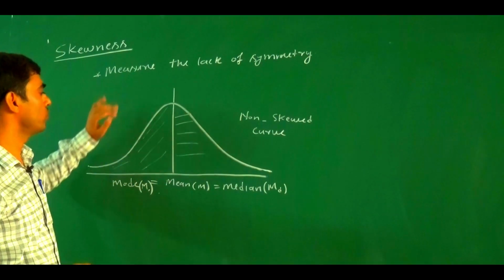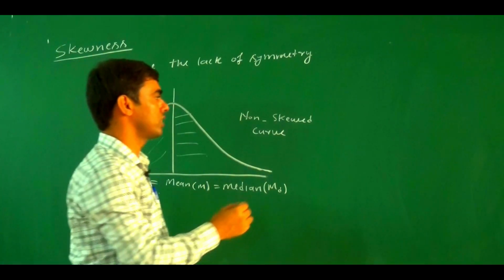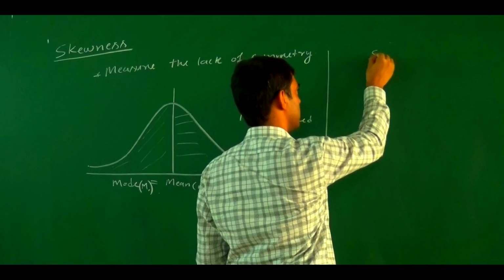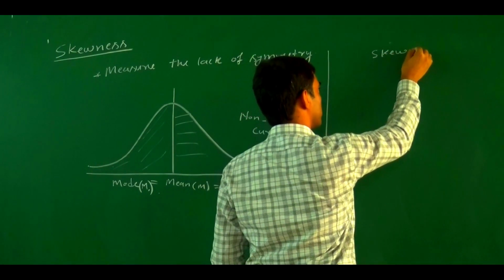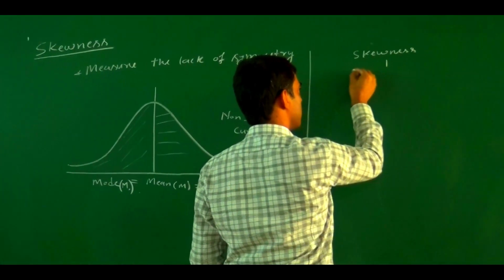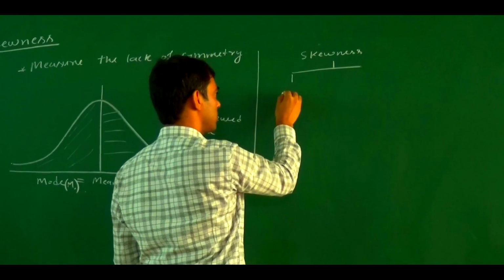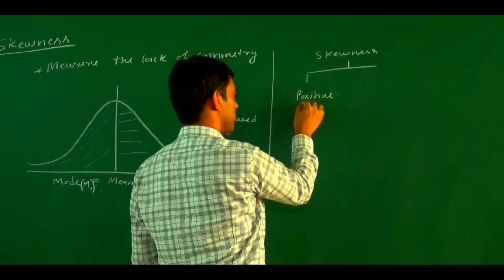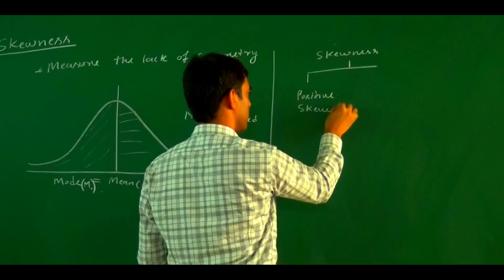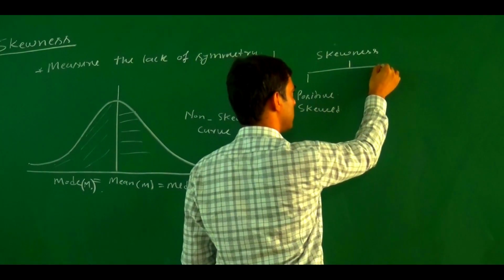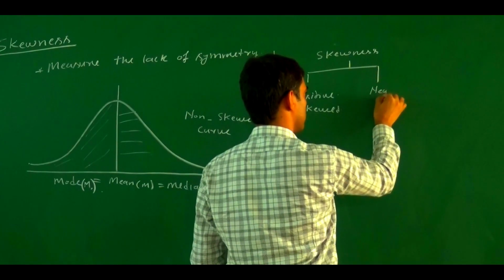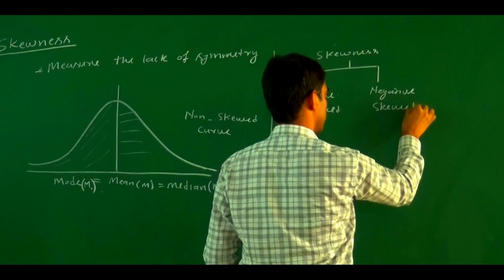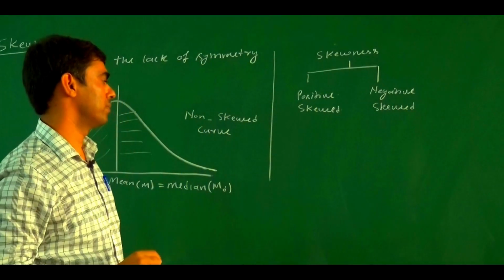Accordingly, there are two types of skewness: positively skewed and negatively skewed.